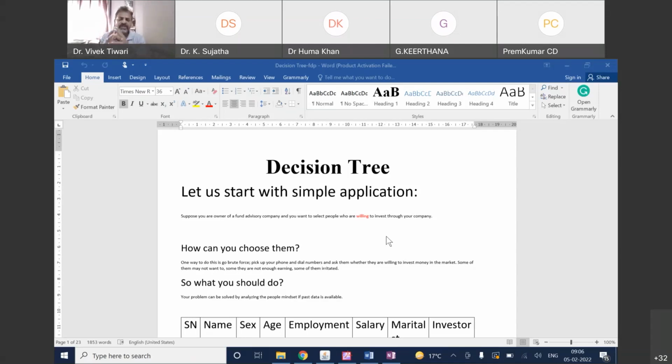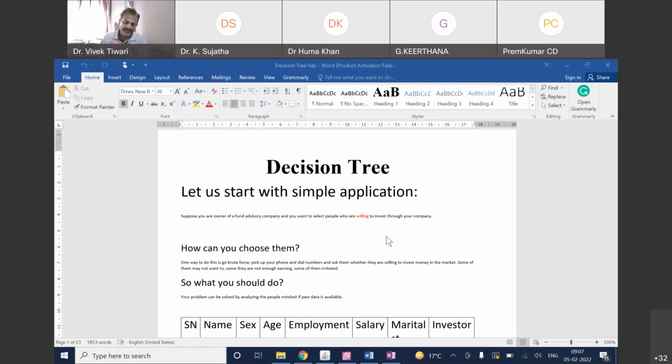So we need to understand how the name tree was given, and how it is different from other machine learning algorithms like linear regression, KNN, logistic regression, and many more. So let's understand the background.